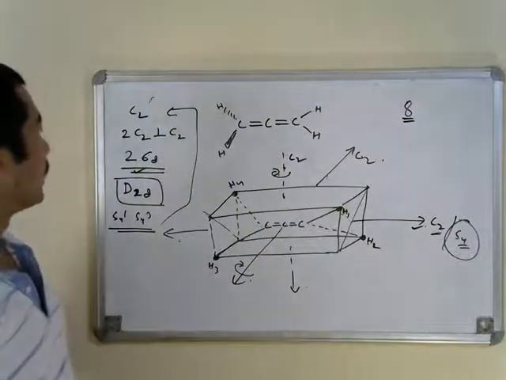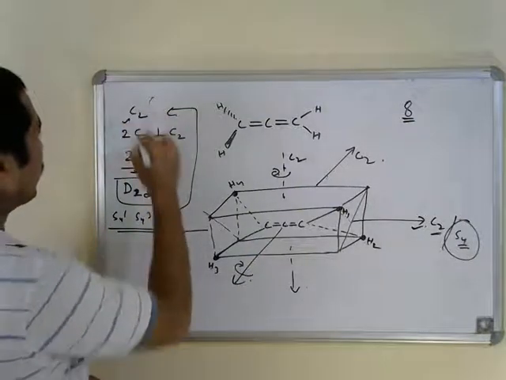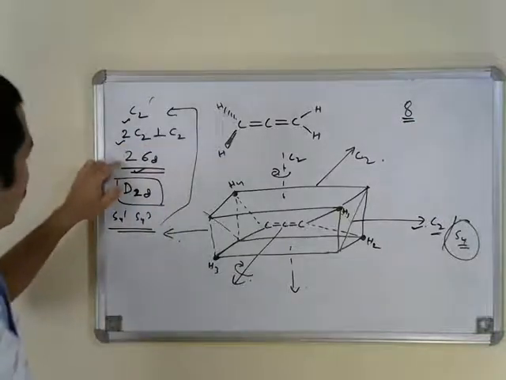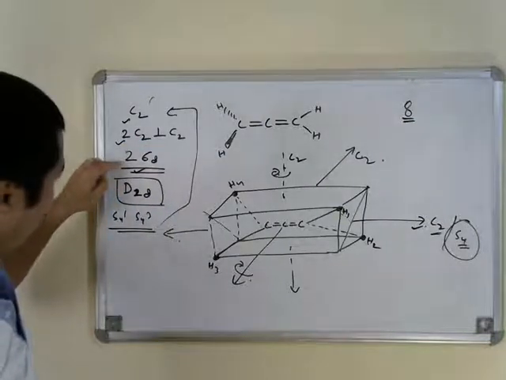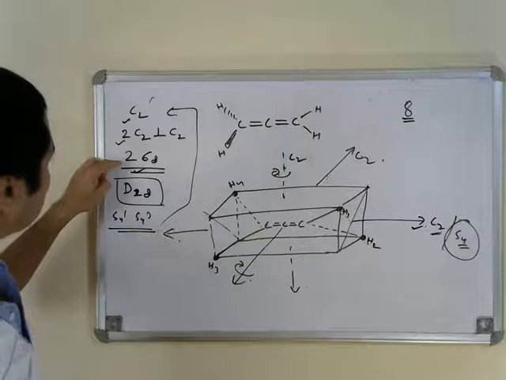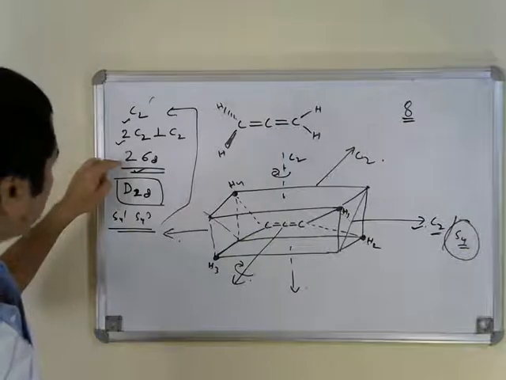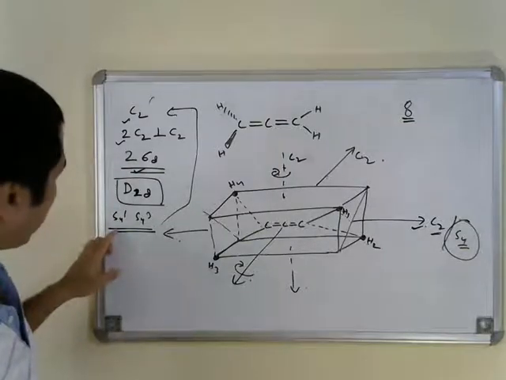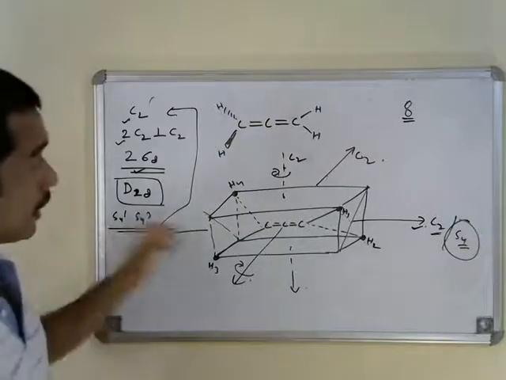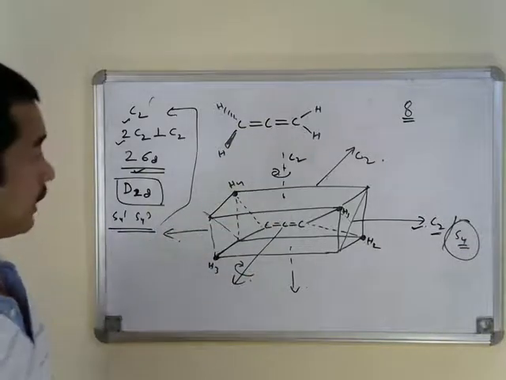There are 3 C2 operations, and 2 sigma d operations, so that is equal to 5 symmetry operations, and then we have S4^1, S4^3, as well as the identity, and that makes the number equal to 8 symmetry operations.